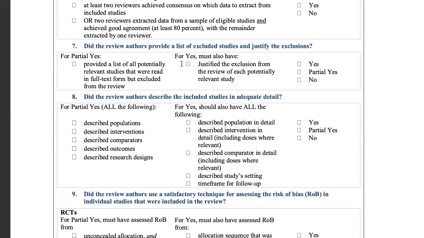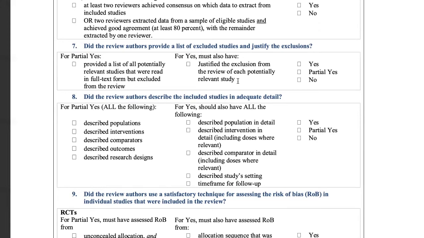For example, in the telerehabilitation review, let's say we included only chronic low back pain patients. If we read a paper that matches all the other inclusion criteria, but they included only acute and subacute low back pain patients, the reason for exclusion needs to be there.